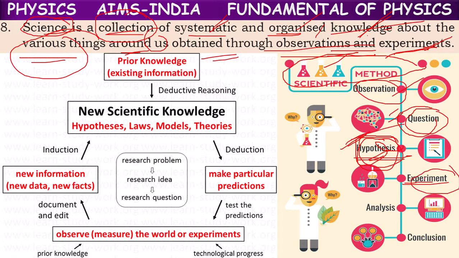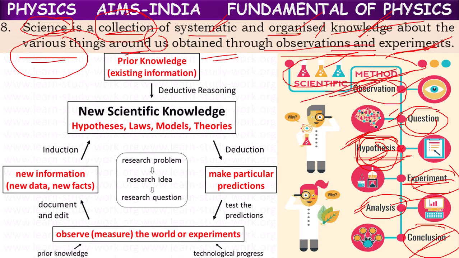Again, we have to do some kind of experiments. After doing the experiment, we have to do analysis on the experiment: how we have done it, what we have got, why we have got this. And finally, we have to come to one conclusion. So this entire process is called the scientific method.